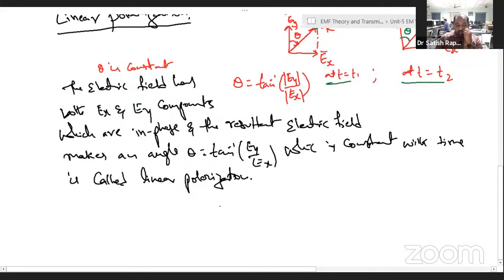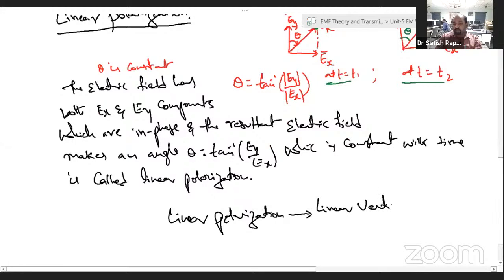And linear polarization again is of two types. One is linear vertical polarization and linear horizontal polarization, right?